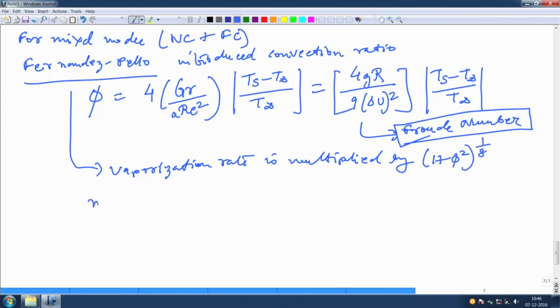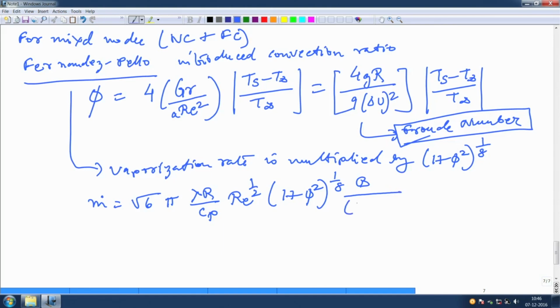Okay. So, the m dot that they calculate, 6 by pi, okay.